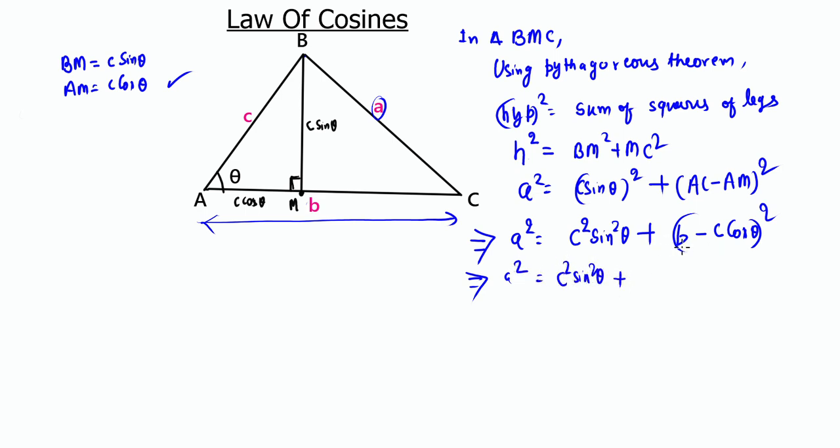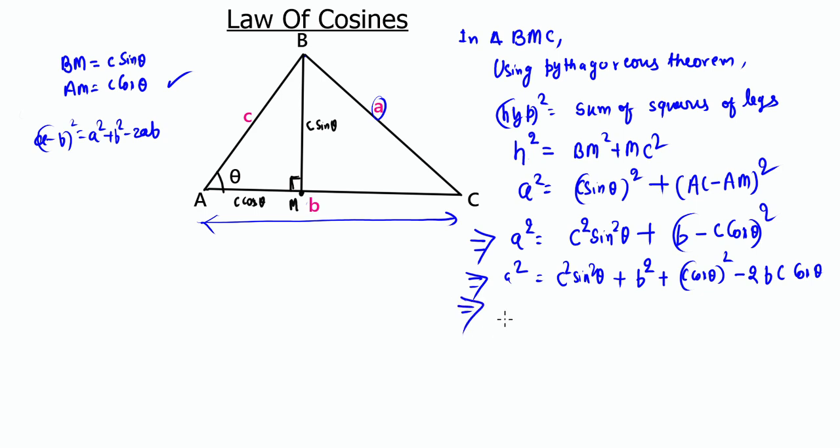This is in the form of (a minus b) whole squared, and we know the formula (a minus b) whole squared is a squared plus b squared minus 2ab. So I can use that formula: b squared plus (c cos theta) whole squared minus 2 times b times c cos theta.